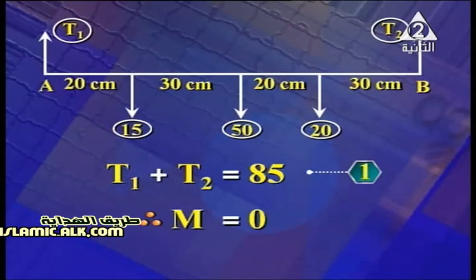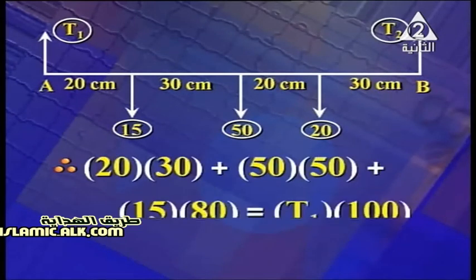After that, moment equals 0. Look at this: 20 times 30 plus 50 times 50 plus 15 times 80 equals T1 times 100. Moment about B equals 0. What do you mean by moment about B? The moment of T2 equals 0.